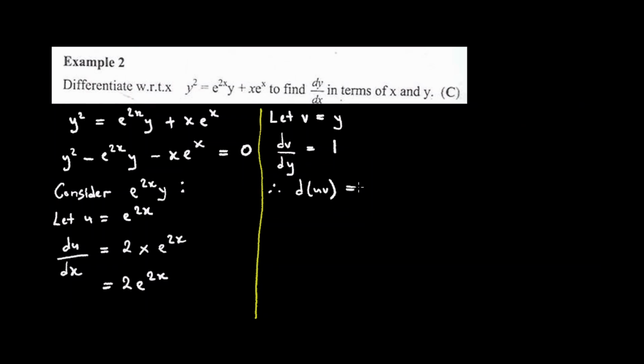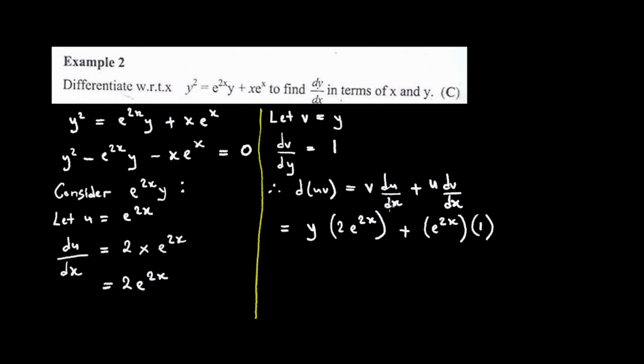duv is equal to, start with v du dx plus u dv dx, which is equal to v wedu ndiani, v ndi y, ko du dx ndiani, du dx ndi 2e to x, like that, plus ko u ndiani, u ndi e to the 2x, dv dx ndiani ndi 1, but since 1 unoyu ari dv dy, sorry ndati dv dx, dv dy tiri ku differentiate y ticha multiply nechi differential coefficient dy dx, kureva kuti eventually answer yedu panapa inenge iri chiti 2y times this ndi 2y e to the 2x plus e to the 2x dy dx, like this.